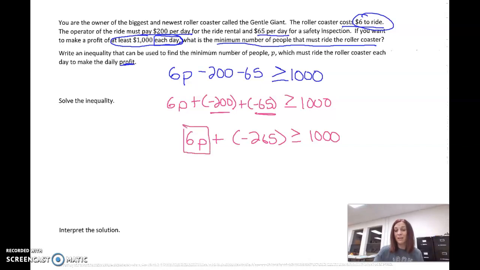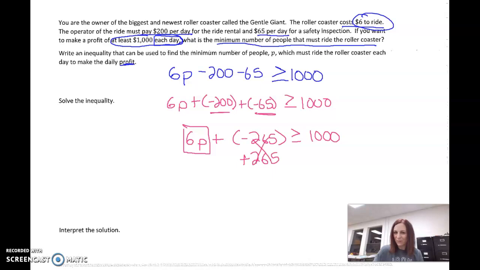So what am I solving for? My unknown here, p. So I'm going to solve for my p term. Deal with the addition and subtraction first, order of operations backwards. So since we're adding this negative 265, and I want that to go away because I want to get p all by itself over here, I could think of it as subtracting a negative 265, but I'm going to end up the same way. I'm going to think negative 265, what can I combine with that? Oh yeah, a positive 265.